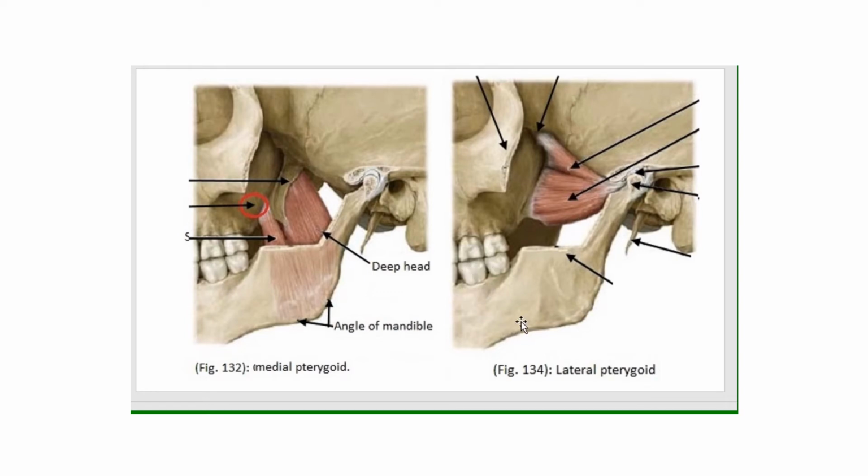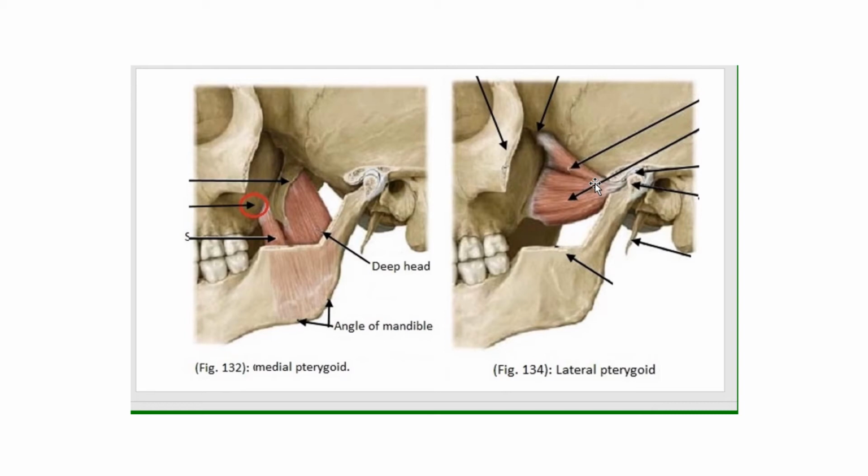It opens the mouth. The lateral pterygoid muscle is the only muscle of mastication which depresses the mandible or depresses the temporomandibular joint or opens the mouth.